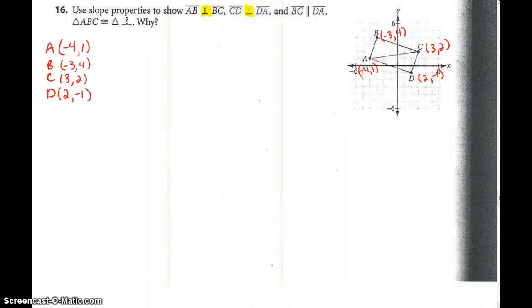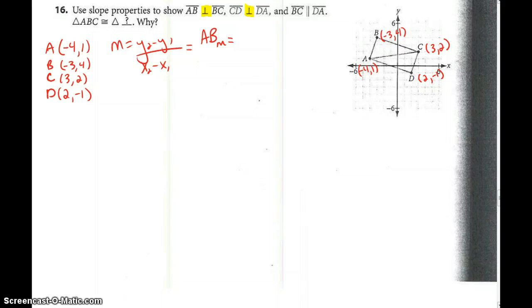if we have to show AB being perpendicular to BC, let's see what happens when we find their slopes. I've listed the points of A, B, C, and D off to the left, and I've also placed them on the figure. Now let's find the slope. Our slope formula is m equals y2 minus y1 all over x2 minus x1.